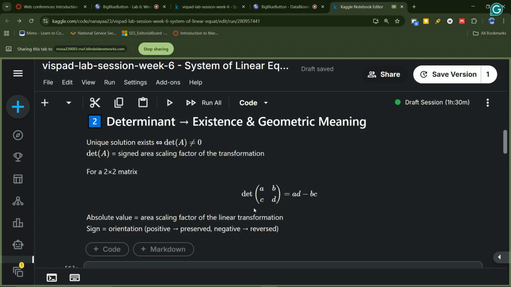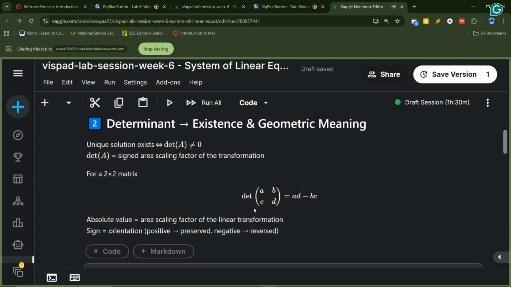And we said the determinant of some matrix A is the signed area scaling factor of the transformation. So for example, say we have a 2 by 2 matrix. In this example, we are just trying to make life easier for ourselves a bit, just to understand what is happening. So we just made use of a 2 by 2 matrix.